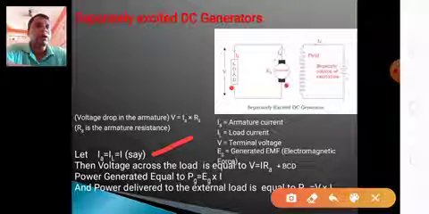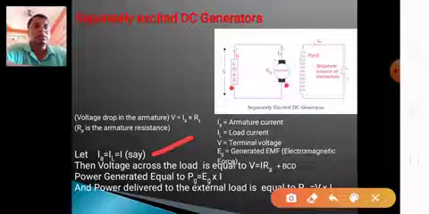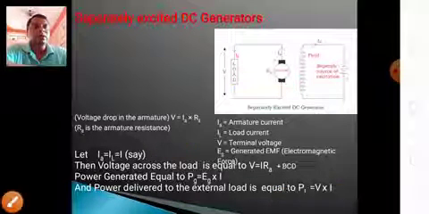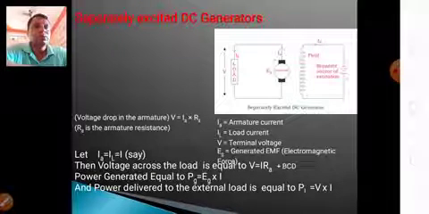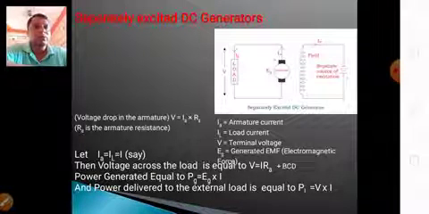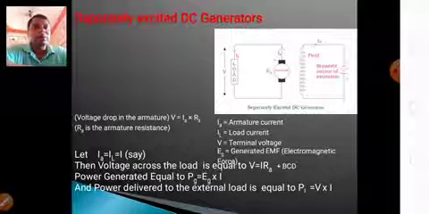Here I equal to IA equal to IL. So V equal to EG minus I into RA minus BCD. BCD means brush contact drop. It is almost 1 volt or 2 volts. If there are two brushes, each having 1 volt, it is almost 2 volts, right? What is the formula for the power generated?